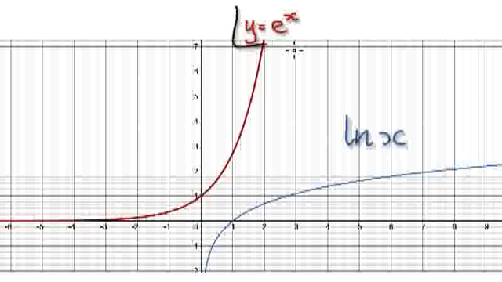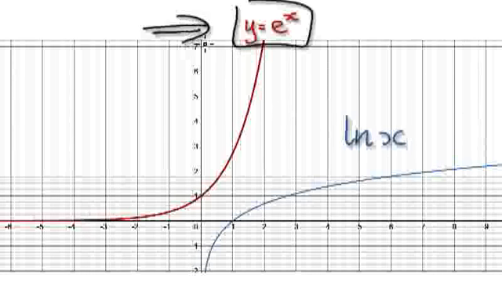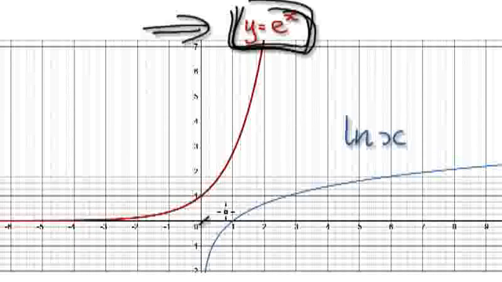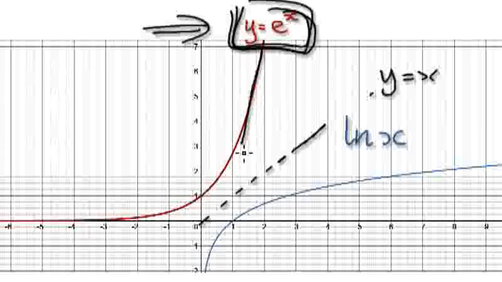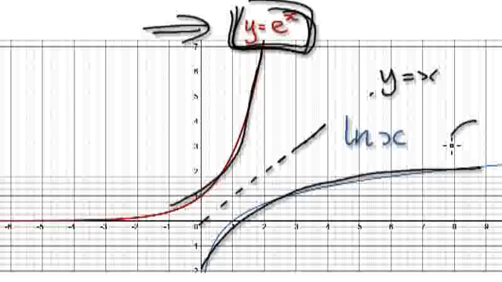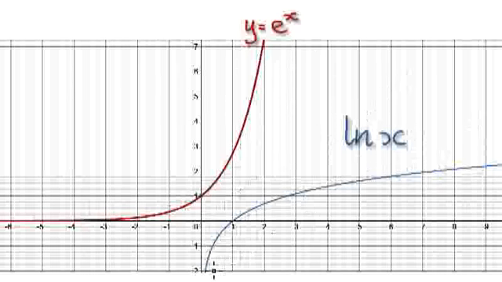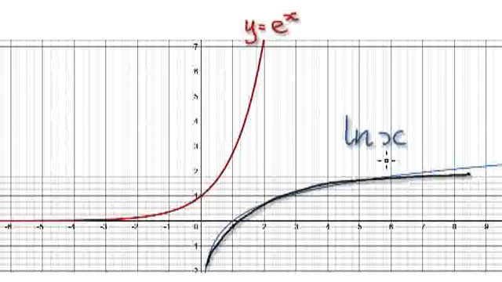The way you create the inverse is by reflecting it along the diagonal y equals x line, which gives you this blue line here. We're going to give this line a special name: we're going to call it the natural log of x. So this natural log of x is the inverse of this thing here.